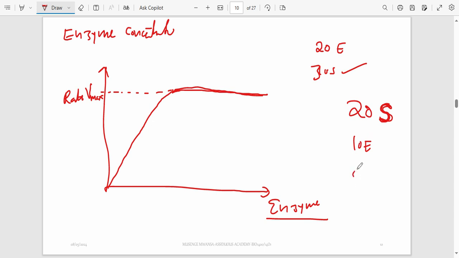But when you reach 20 enzymes, that will be the fastest. You are going to have Vmax. If you now have 30 enzymes, increasing the number of enzymes will not change the rate of the reaction. Why? Because you don't have any more substrates for the enzymes to work on. So 10 extra enzymes will not be doing anything because there are no substrates. So that is it on this one.